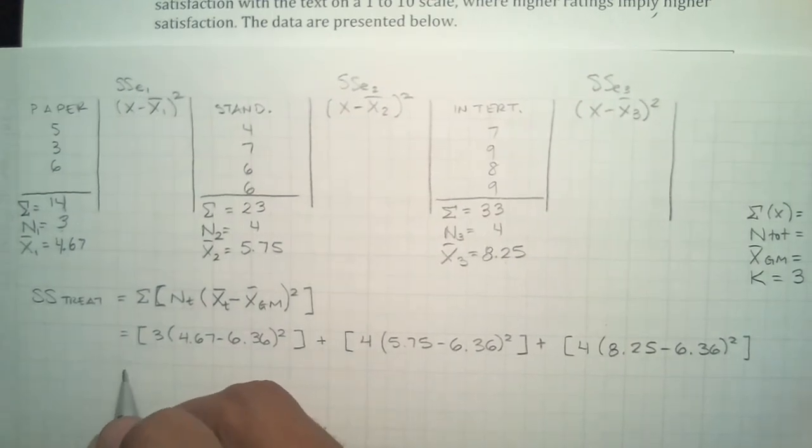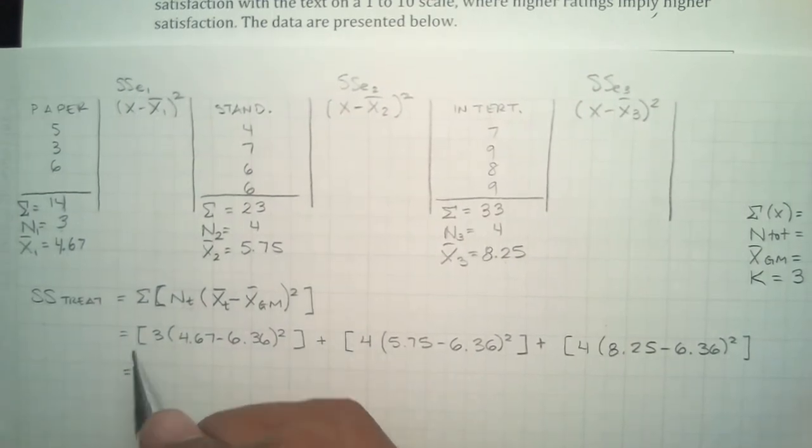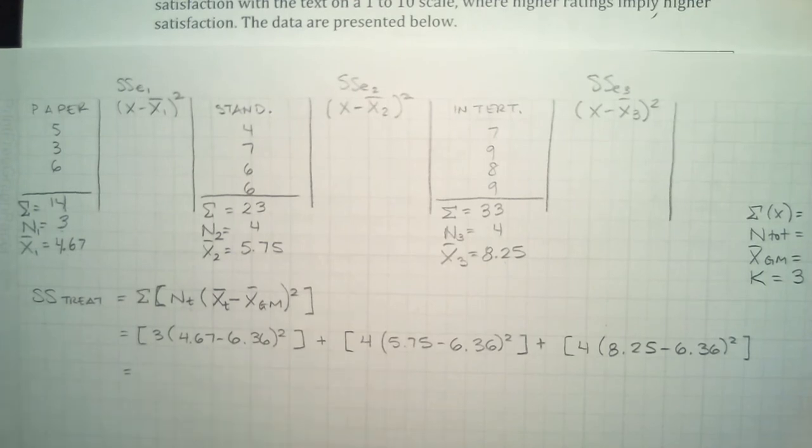So now we do our math. 4.67 minus 6.36 is negative 1.69.